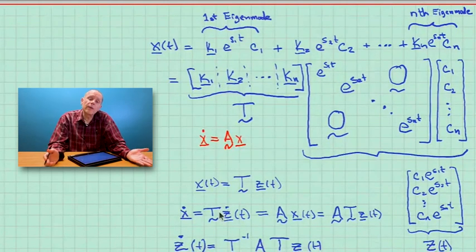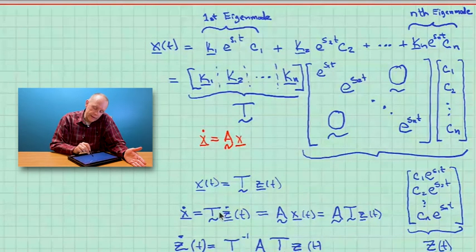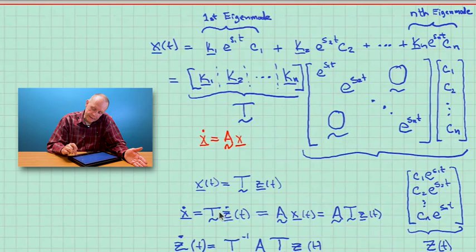If we start from the eigenmode equation on the first line in blue, we can rewrite it as T times a matrix. Notice that T has all the k's, which are the first thing in each of the terms of the eigenmode equation. So I've got k1 times e to the s1t, multiplied by c1.